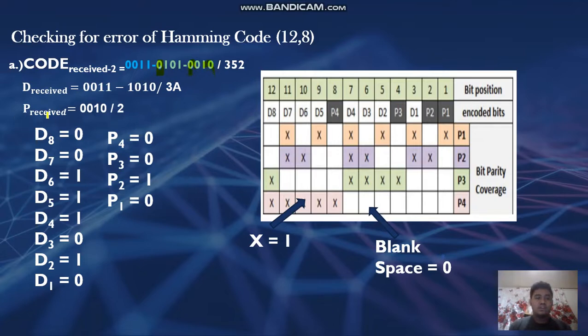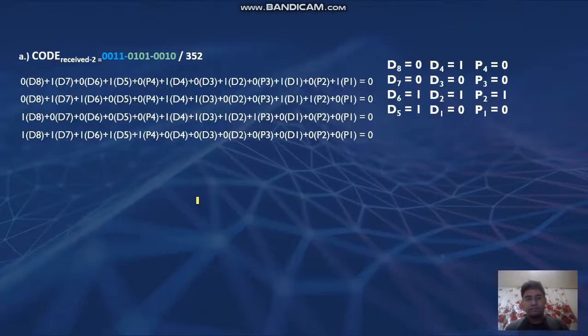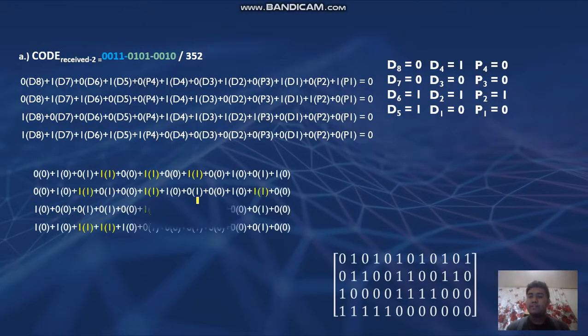So our P received is 0010 and the remaining will be our D received. This is our values in D and P. The same process that we used in example number 1. We substitute our D and P values.